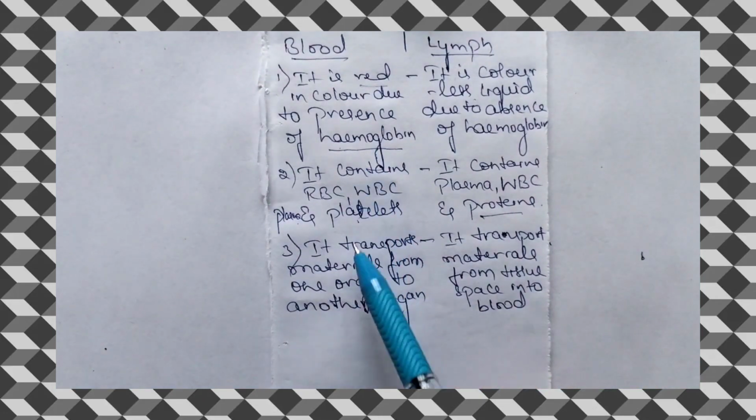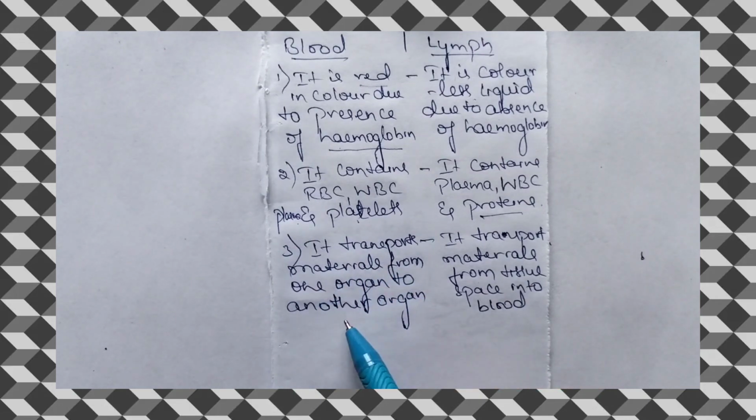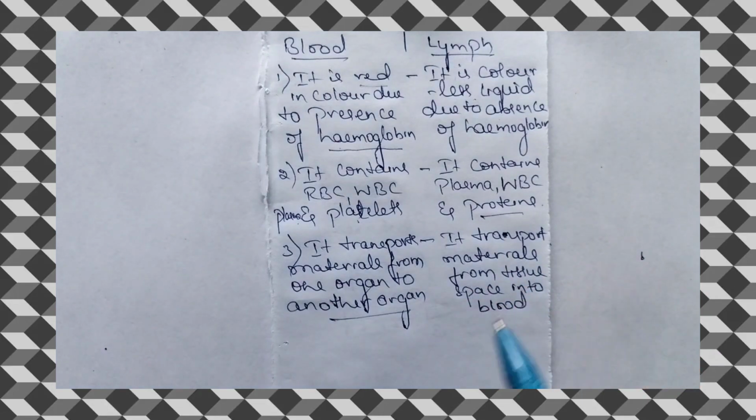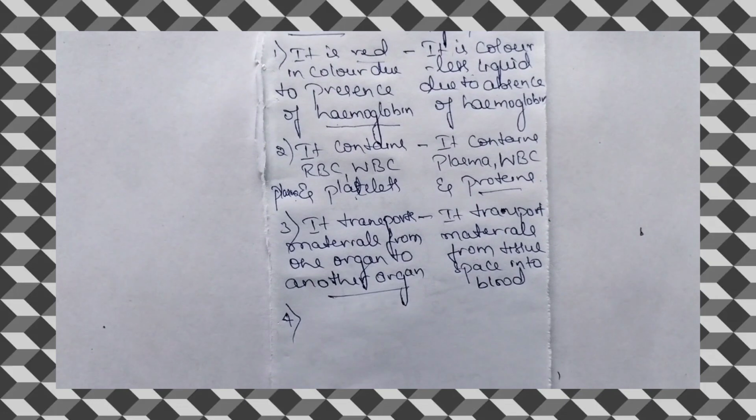So what does the blood transport? It transports material from one organ to another organ. Lymph will transport material from tissue space into the blood. Then coming to the next difference between blood and lymph.